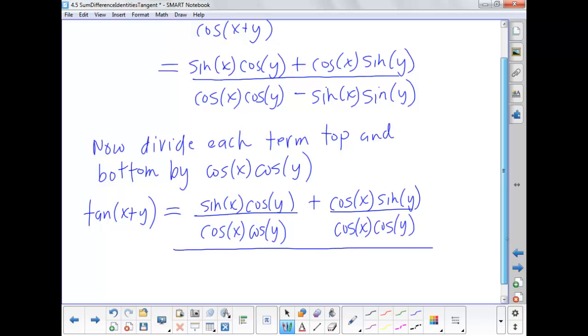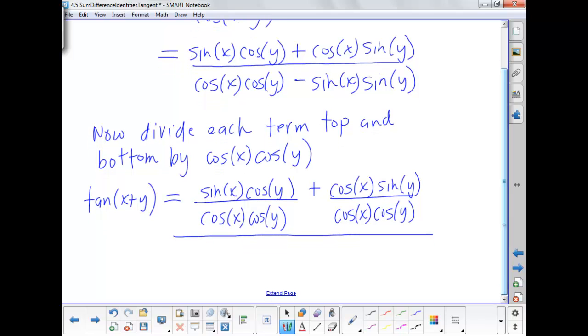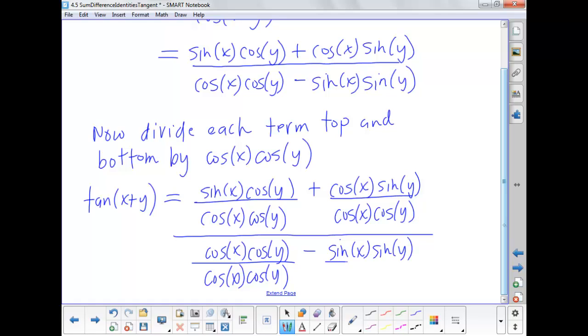My denominator is going to be cos of x cos of y, and notice I'm dividing this by itself, so we're going to be able to simplify that momentarily, minus sine of x sine of y over cos of x cos of y.